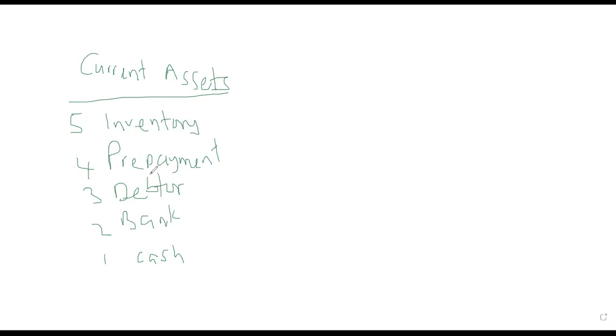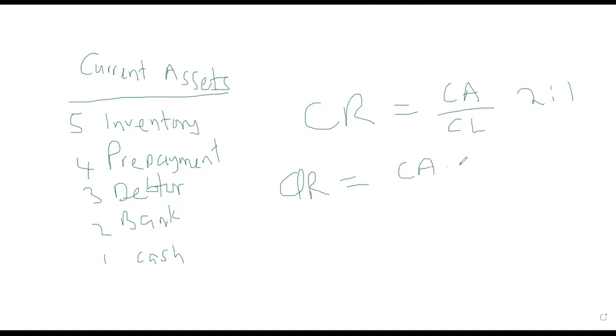So when you're dealing with the current ratio, the formula is simply the current assets over the current liabilities, and the market rate is 2:1. Meaning for every 2 assets, at least we must have 1 liability. Then the quick ratio is simply the current assets minus the stock or inventory, divided by the current liabilities.